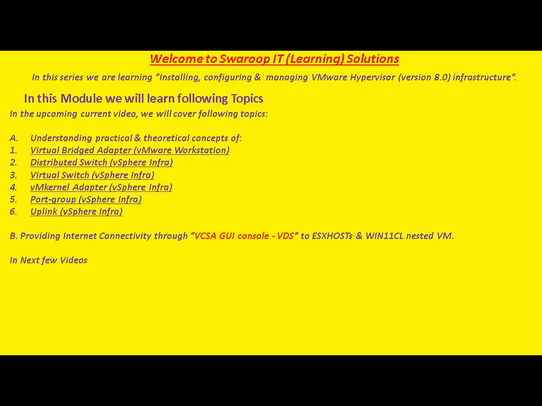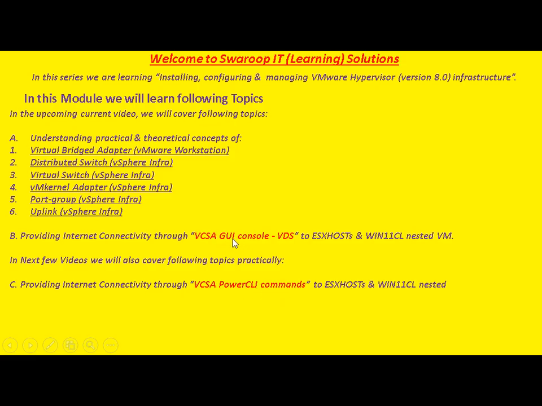For this particular module, we will be providing internet connectivity through the VCSA GUI console. In the next few videos or modules, we will also cover the following topics practically. In this module, we are giving internet connectivity to Windows 11 CL through the VCSA GUI console. The same thing we will do by providing internet connectivity through VCSA PowerCLI commands. That means one is a GUI option and one is a command line option. Again, the objective is the same, to give internet connectivity to the ESX host and Windows 11 CL VM.